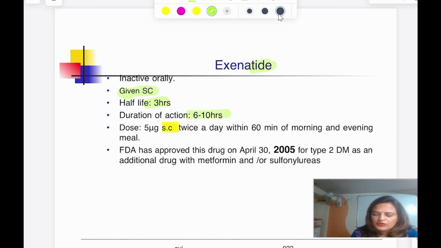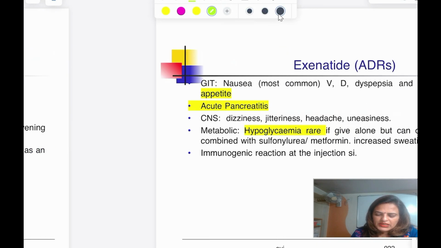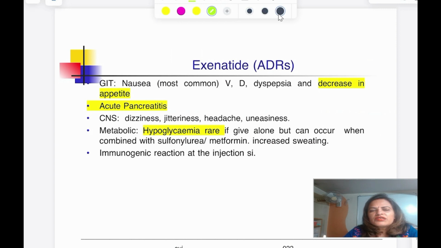It was approved in 2005 as an add-on drug therapy with other oral antidiabetic drugs. With exenatide, because it stimulates the satiety center, there will be decreased appetite. Hypoglycemia is rare, and only if we combine it with other drugs. The most important side effect is acute pancreatitis. This was asked as an MCQ.